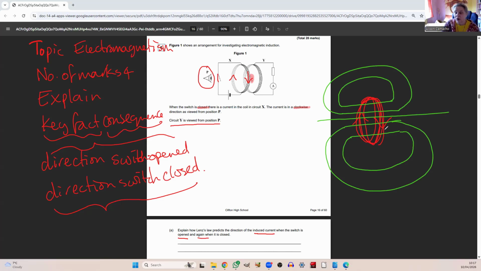Okay, so now, which way is north? Because either this is north or this is north. Which way is north? The North Pole. Okay. Now, I don't know if you know this trick, but when you look at a coil from the end, if you look at it from the point of view of P, we've got this going here and this going here.